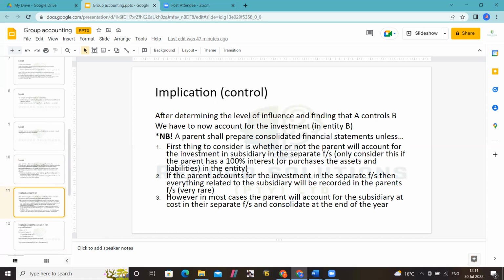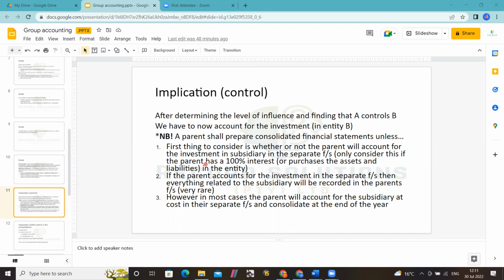If the level of interest is 100%, it can be 100% in two ways. You can buy 100% of the shares completely, or you can purchase the assets and liabilities of the entity.